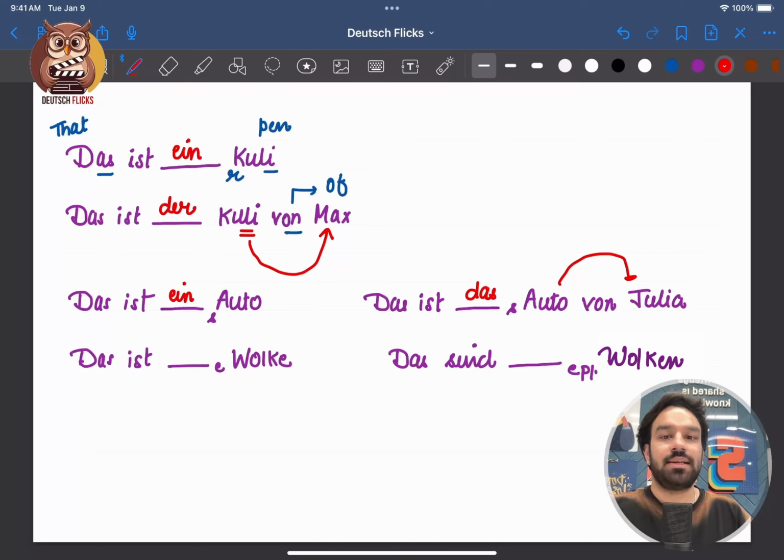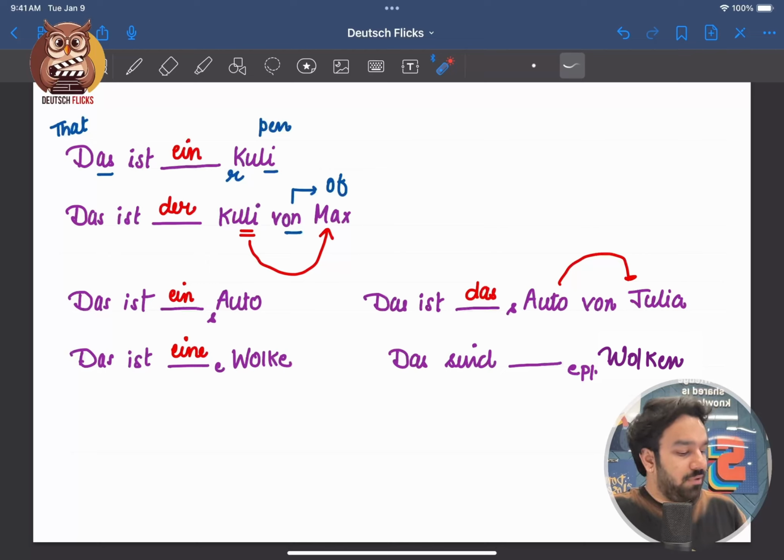For the next sentence, it could be any cloud. So I'll say Das ist eine Wolke. Indefinite article. Now the last one was a bit tricky. Here we have the plural version of Wolke, which is Wolken. Okay, spelling mistake. Wolken.